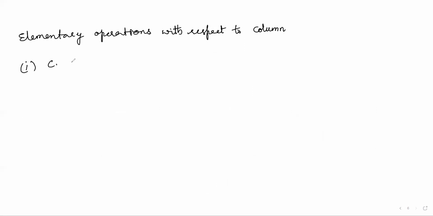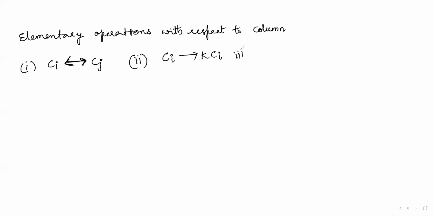What is that? Any ith column can be interchanged with the jth column, or the ith column can be transformed to the jth column and the jth column transformed to the ith column. This is the first one. The second one is any column can be multiplied by a constant. This is the second operation.